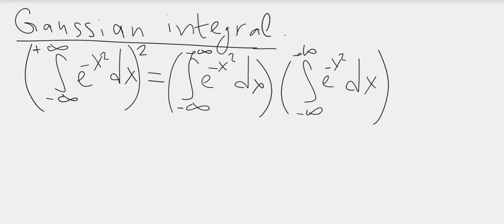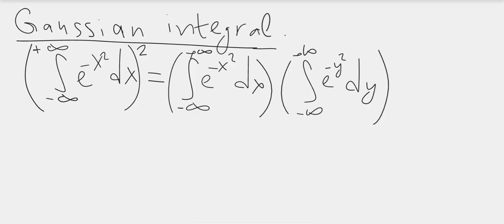Okay, so now we notice that we can substitute the variable because the definite integral doesn't depend on which variable is used, so instead of x, we can write y in the second integral and keep x in the first one.